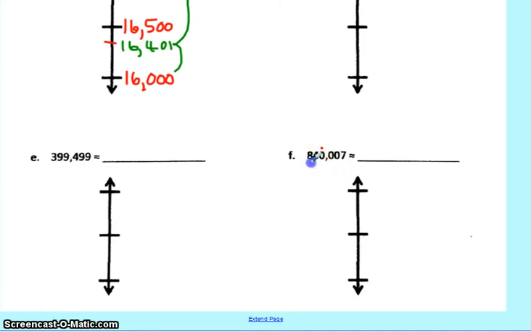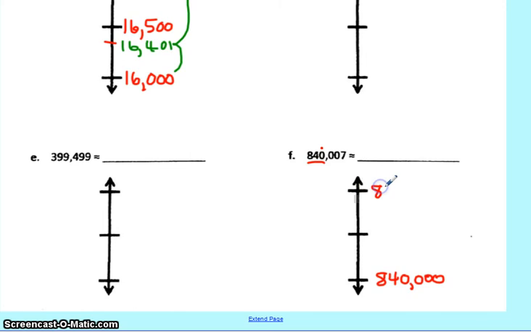So we are at 840,000. So this is where I will start, 840,000. So again, we're not counting by 100,000s or 10,000s, we're counting by thousands. So we're counting by 1,000s. So what's after 840,000? Another 1,000.